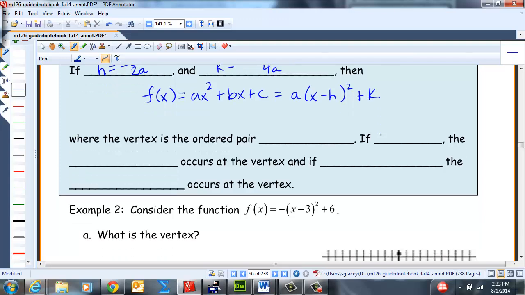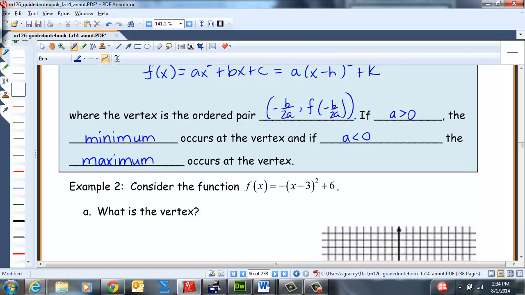So the vertex is the ordered pair negative b over 2a, and then your function evaluated at that value. So if a is greater than 0, it opens upward, so the minimum occurs at the vertex. And if a is less than 0, the maximum occurs at the vertex.